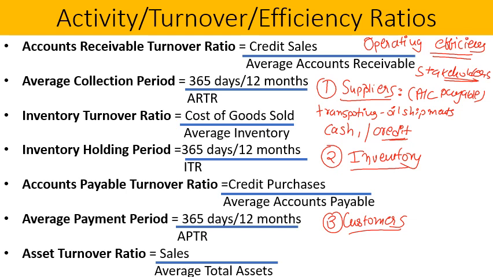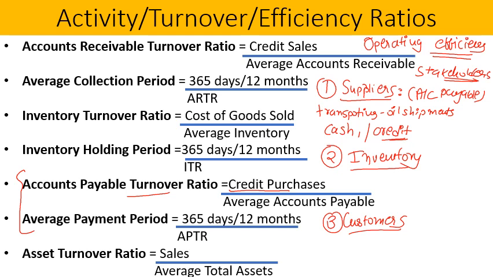These things are related through the accounts payable turnover ratio, which is credit purchases divided by accounts payable, and the average payment period is computed by 365 divided by the payable turnover ratio. Now these two ratios are related to the supplier side.